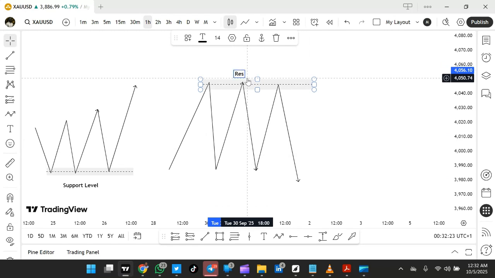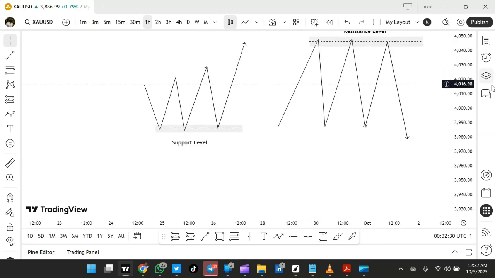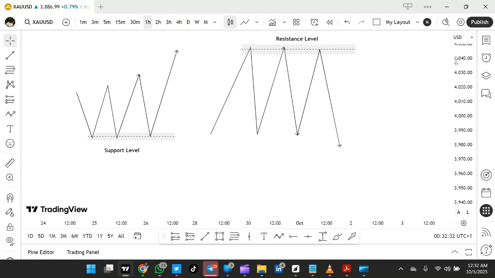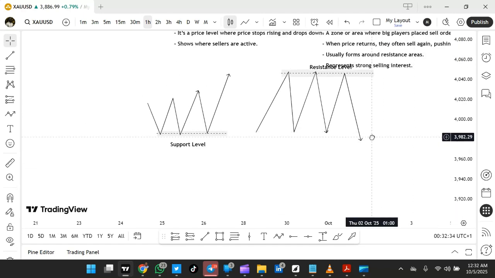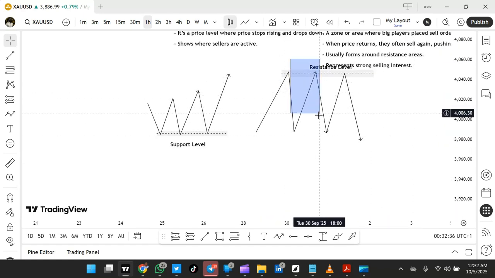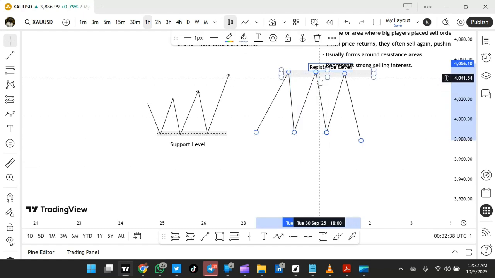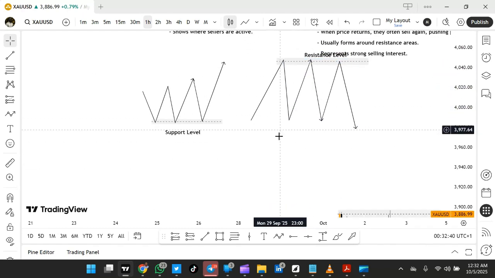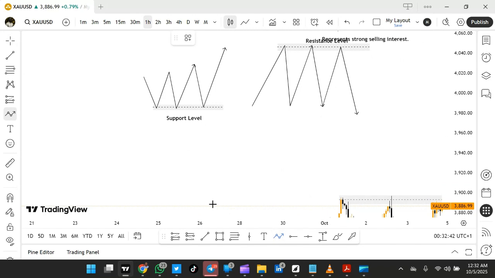Now this is a resistance level. Now a demand zone. A demand zone is more like a zone that has imbalances or gaps around it.